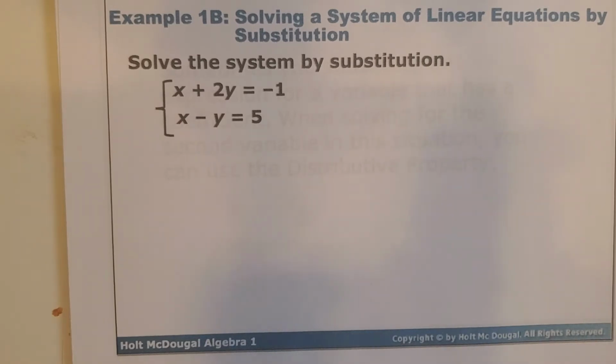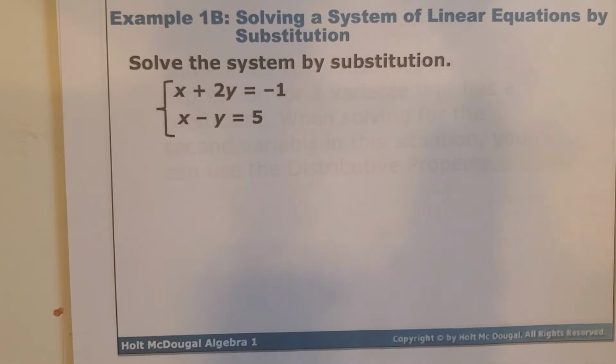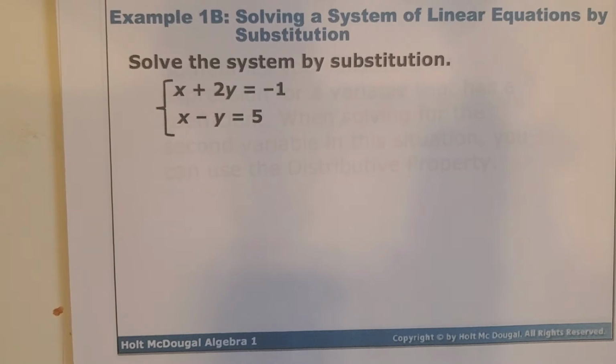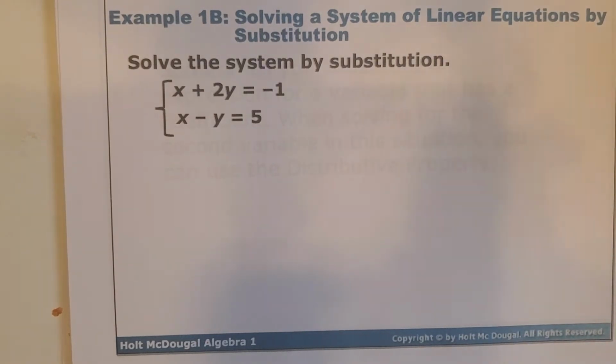Well, technically, in the grand scheme of things, it really doesn't matter. But if you have any plain old x's or plain old y's, if you don't have any coefficients in front of some of the variables, I would say pick one of those variables to solve for, because then you're not going to have to worry about dividing anything, and there's absolutely no chance that you're going to get any fractions.